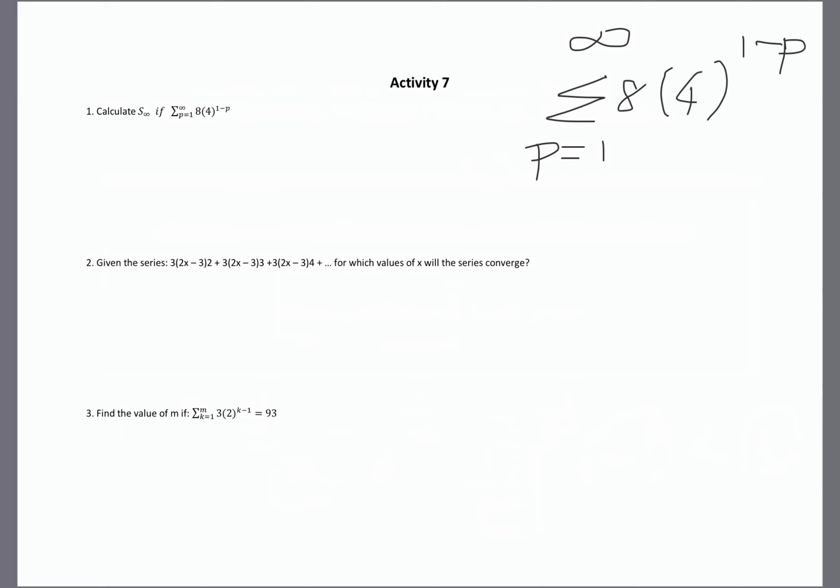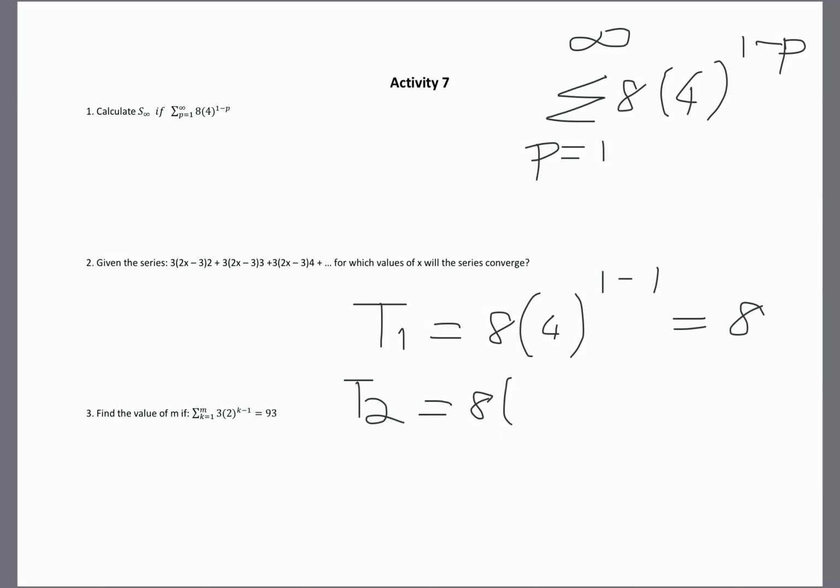So first I start by writing out my terms. So what's my T1 going to be? It's 8 to the power of 1 minus 1, right? Yes, ma'am. Which is equal to 4, yes. And my T2? Is 2.